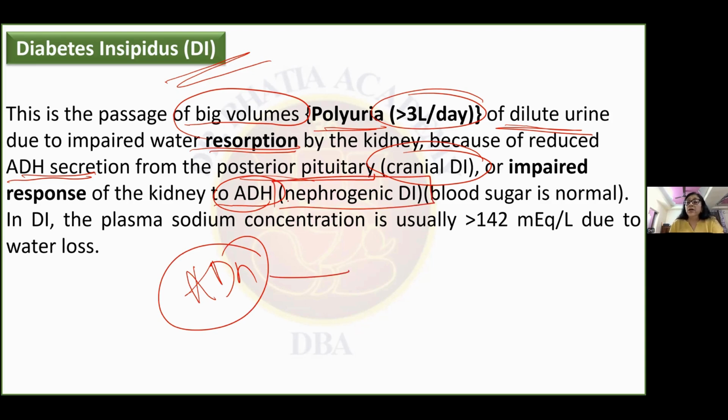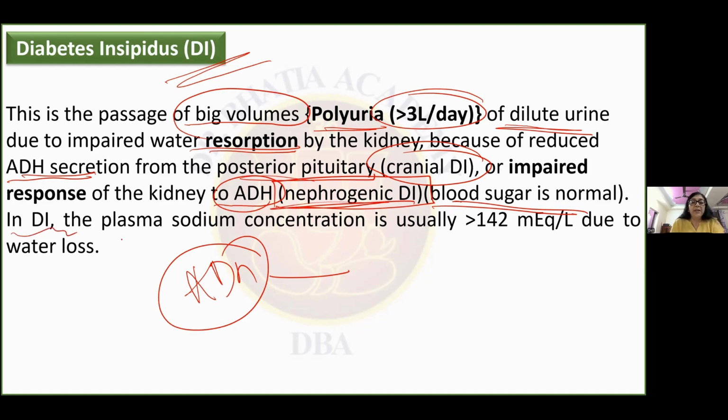Now, if ADH administration repairs the defect, we are dealing with central DI. If the administration of ADH fails to repair the defect, we are dealing with nephrogenic DI. The blood sugar is normal; we are not dealing with sugars here.